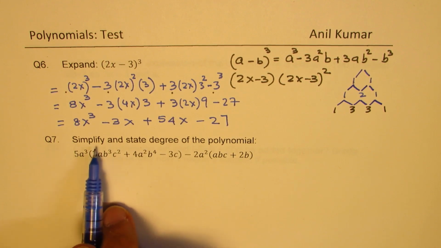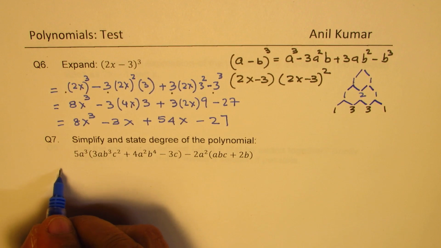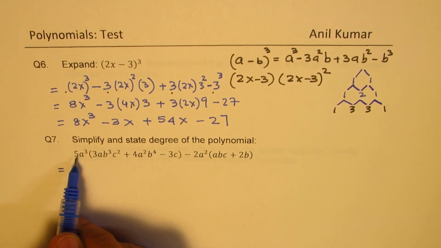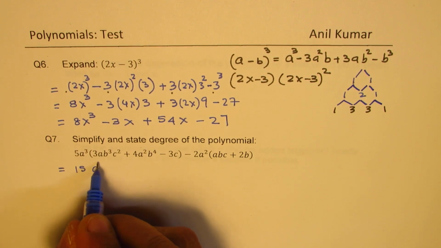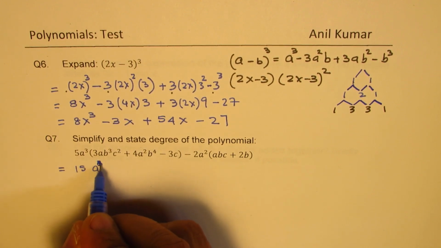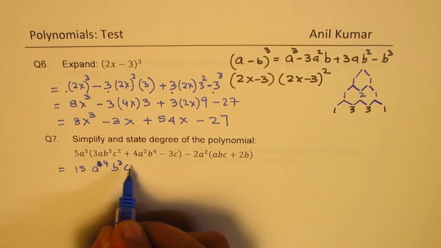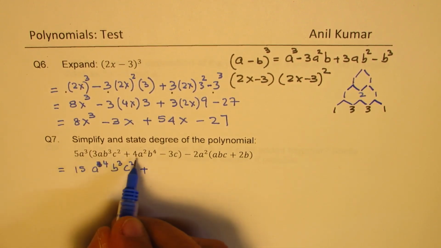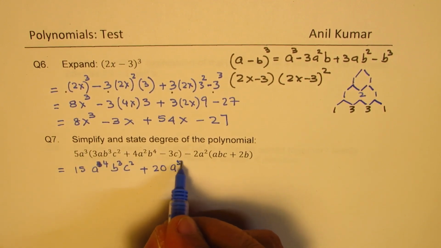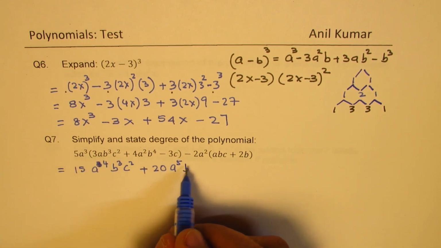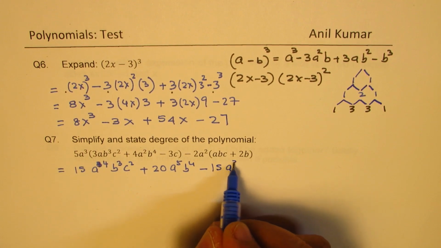Question 7 is simplify and state the degree of the polynomials. So we have two expressions here. Let's multiply all of them by 5a cubed first. 5 times 3 is 15 a cubed, times 1, a is 4 here, right? a is also here, b cubed, c squared, plus 5 times 4 is 20, a, 3 plus 2 becomes 5, b to the power of 4, minus 5 times 3 is 15 a cubed c.